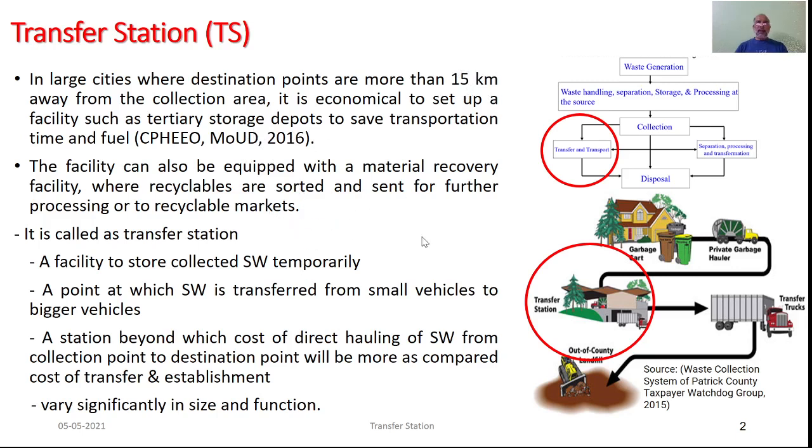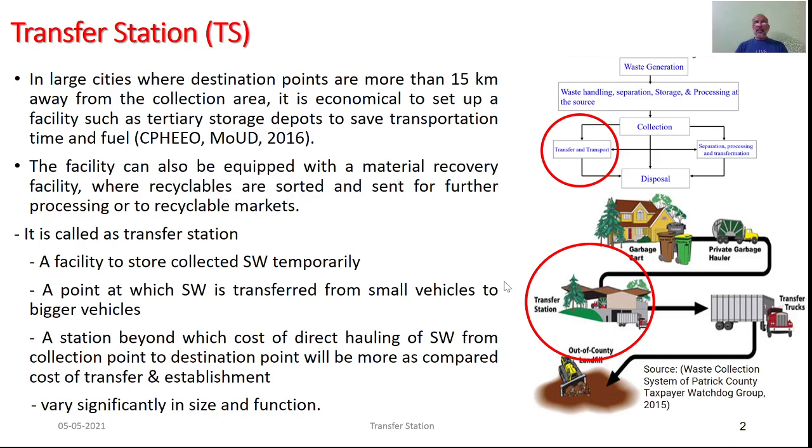However, as mentioned here, this transfer station could be simply a station meant for transfer of that waste or storing that waste, and this kind of facility could involve other centers like a processing facility, recovery facility, and similar stations.